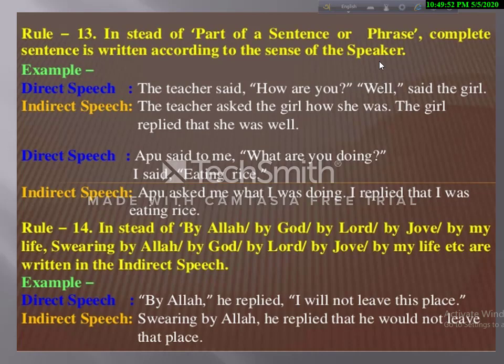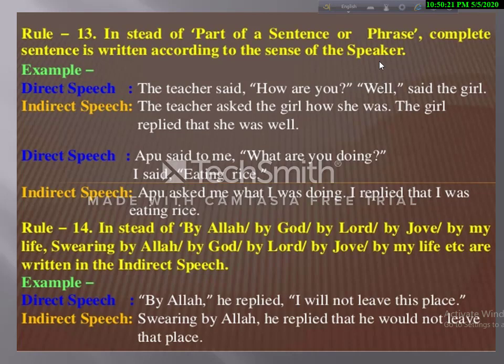Okay, for example, we can say, the teacher said, "How are you?" Okay, it's a complete sentence, but the girl has answered using the word well. So, is it a complete sentence? Is it a sentence? Well, no, it's not a complete sentence. So, if you want to make it complete, you'll have to write I'm well.